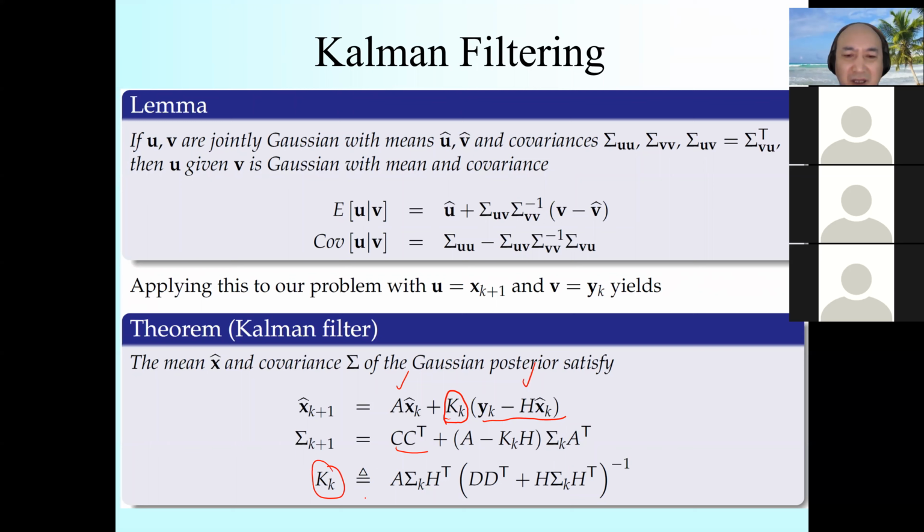It turns out this gain matrix can be solved by this equation, which depends on the sigma k, a variance. This variance will be iterated through this. So you do a recursive iteration, and you will be able to get x k hat. And there's a flow chart to do this to minimize the error.